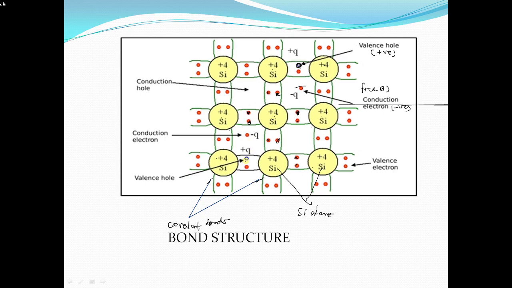If n electrons come out, n holes will be formed. This means the number of conduction electrons is equal to the number of holes. Here, the majority charge carriers are both electrons and holes.